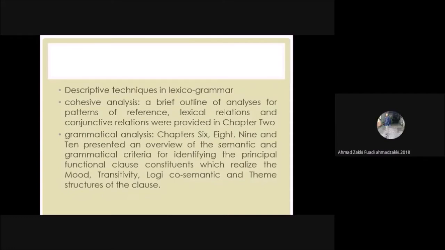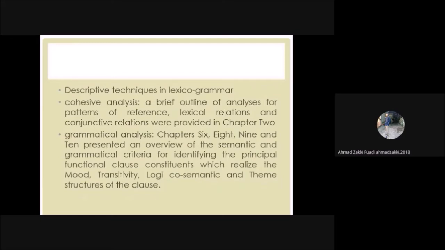Next, I'm going to read this slide. Next is descriptive techniques in lexical grammar, and then cohesive analysis. A brief outline of analysis for patterns of reference, lexical relations, and conjunctive relation were provided in chapter 2.